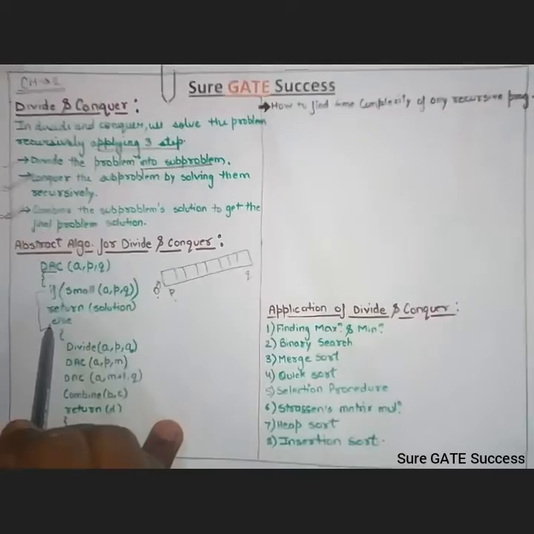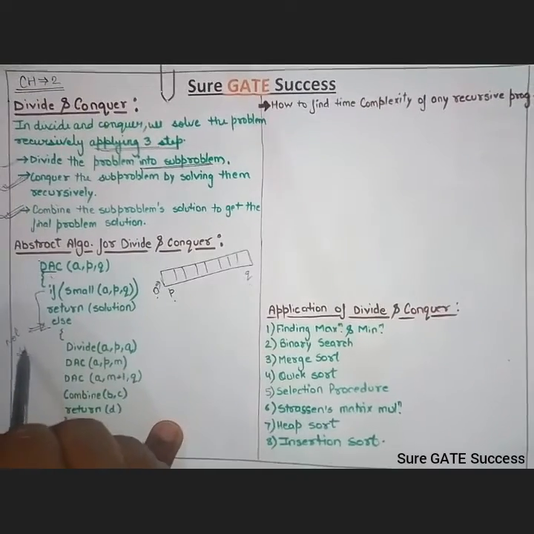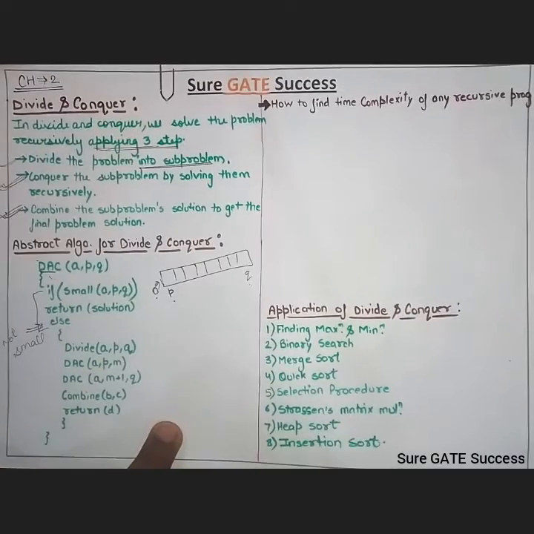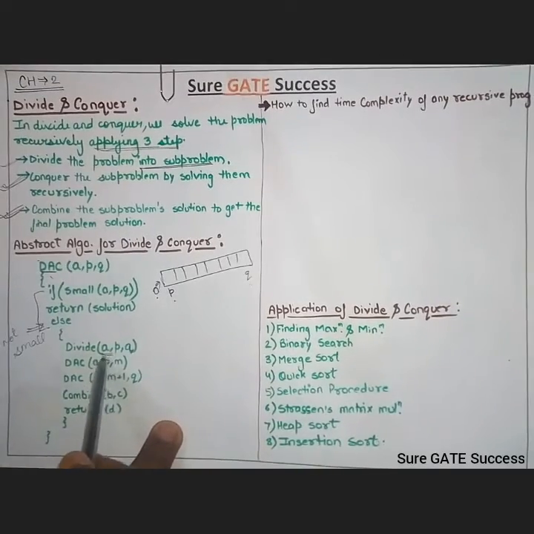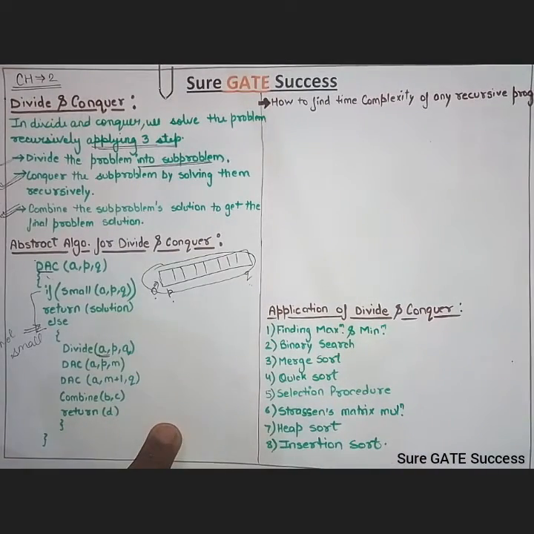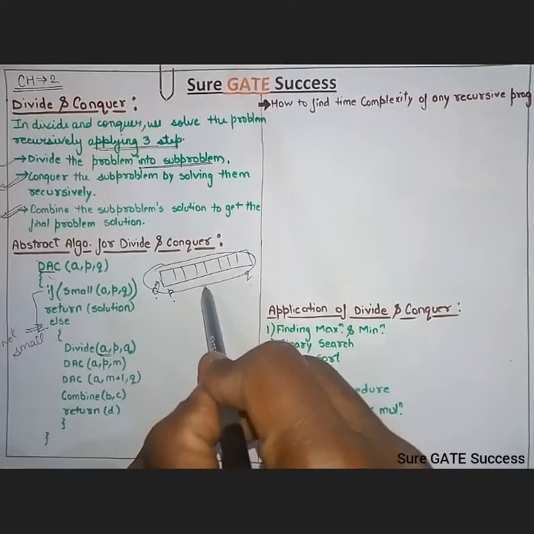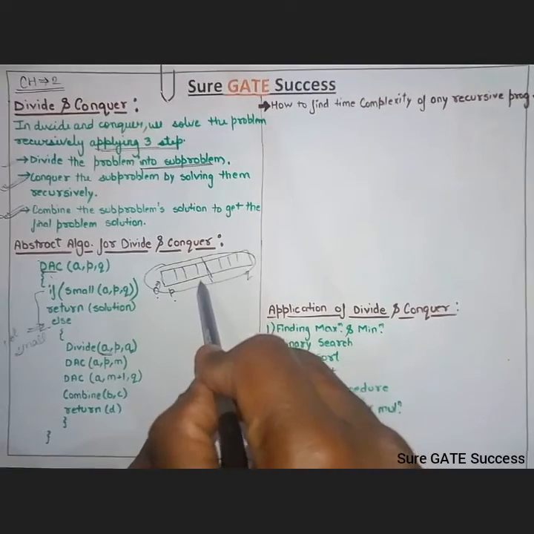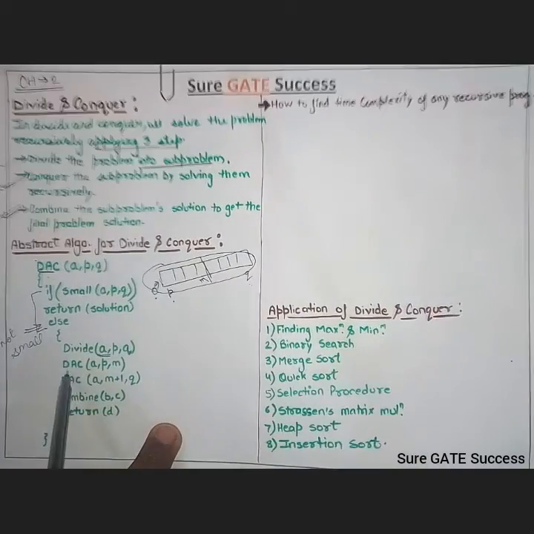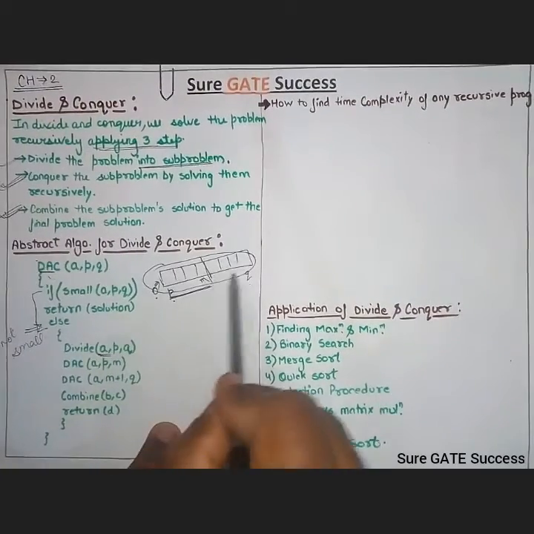If the problem is not small, in this case firstly we have to divide the whole problem into two parts. Let us say we break it at a point M. So we have divided the problem till M. This is the subproblem.